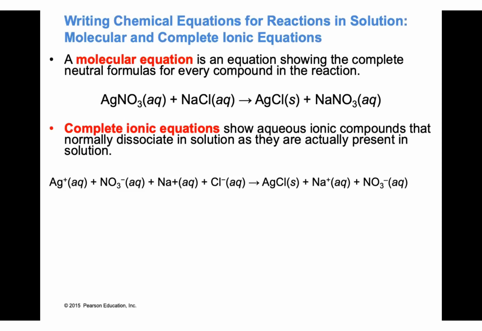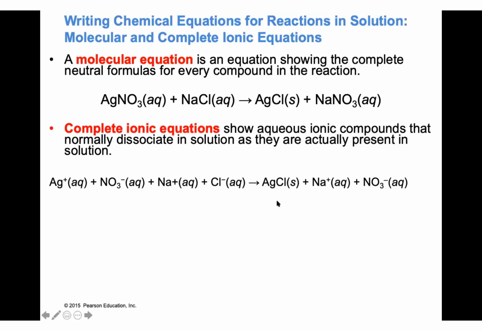So for writing the complete ionic equation, you should have all of this information. You should have the states. If you do not have them, you should find them from the solubility rule table. You should have a correct balanced chemical reaction, so that everything is ready.